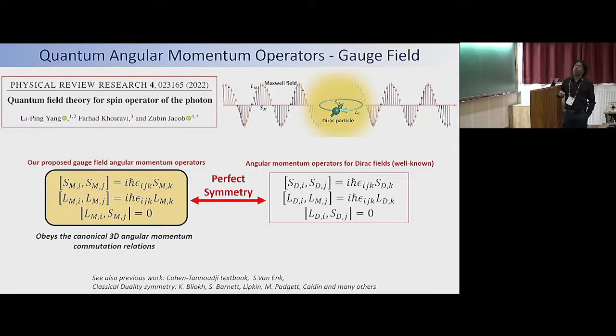But what I want to emphasize even before I show the answer is that these proposed gauge field angular momentum operators obey an exact symmetry in their commutation relationships with those of the Dirac particle. So in some sense, the gauge boson and the fermion in QED are going to have the exact same commutation relationships, and this was actually not known. It's very surprising that this was not known to the community even today.